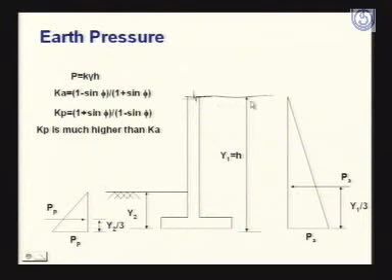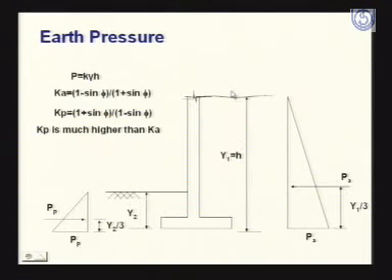Earth is retained on this side, means this is the higher side, this is the lower side. As you see, y1 is the height of the retained material, which is equal to h. Any depth we are calling y, and the final depth is the height of the wall. On the other side, this is y2, the depth of the soil.